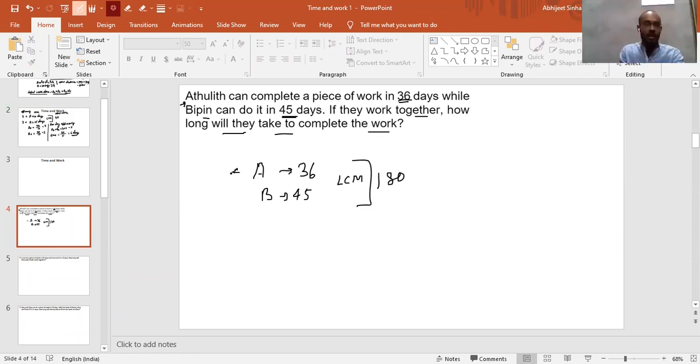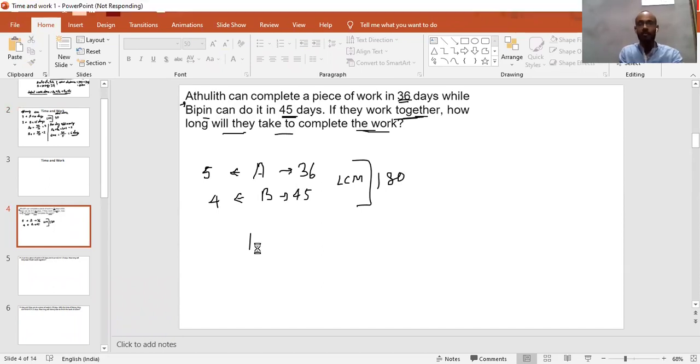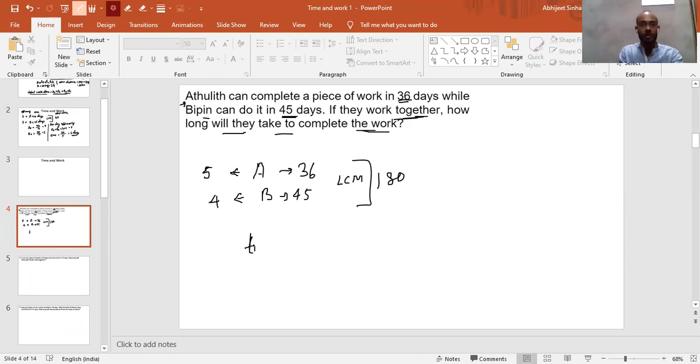So the efficiency of A will become 5 and the efficiency of B will become 4. Now we need to calculate the time when they work together. The time will be the total work, which is 180, upon 5 plus 4, that is 9. And they will take 20 days to complete the entire work if they work together.